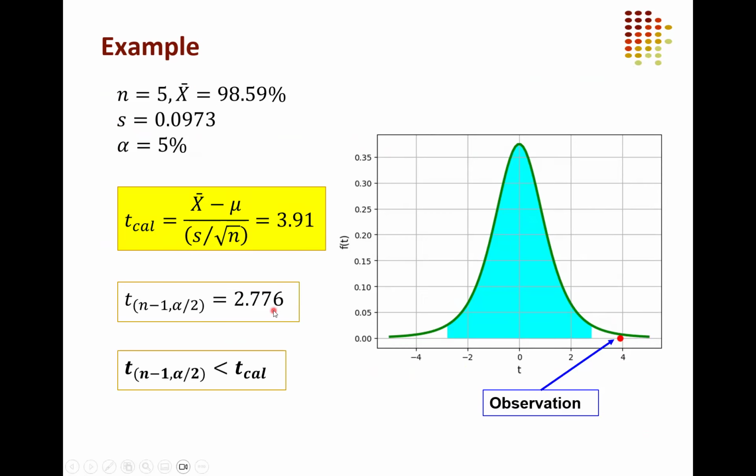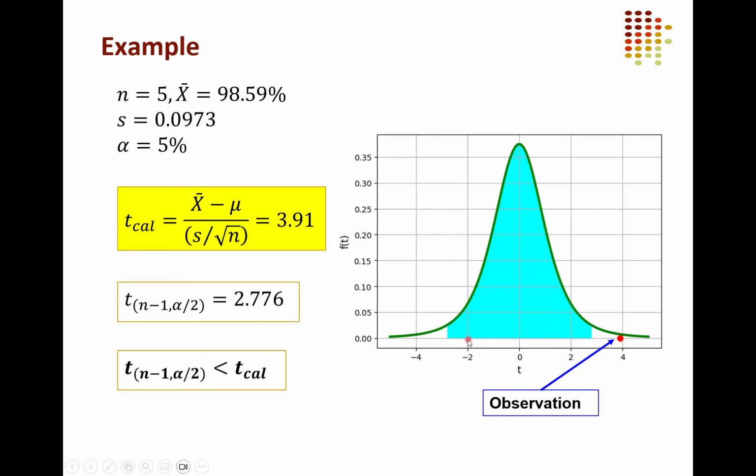So 2.776 is a positive value which defines the upper limit for the t value, and minus 2.776 marks the lower limit, which are required to calculate the upper and lower limits of the confidence interval in the X variable.